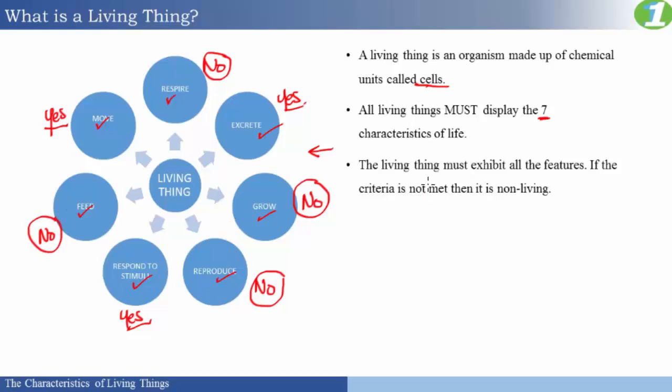Therefore, the car is not living. The car is a non-living thing. In order for it to be a living thing, it must display all 7 characteristics, not 6, not 5, all 7. Now, with that said, let's move on and look at our first characteristic, which is movement.